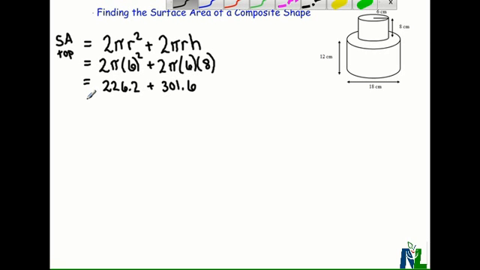When we add those two together, we get 527.8 centimeters squared.